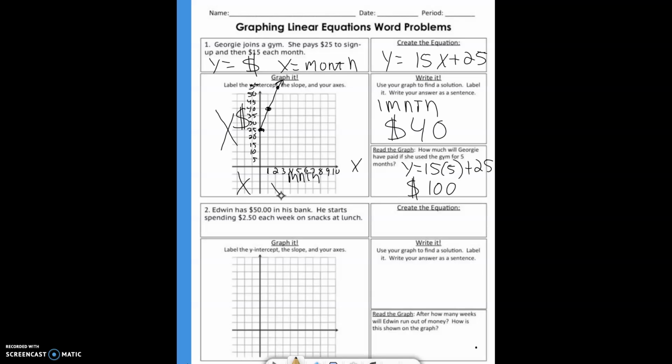Again, I am going to use Y as the money that Edwin has in his bank, and I am going to use X to represent each of the weeks.